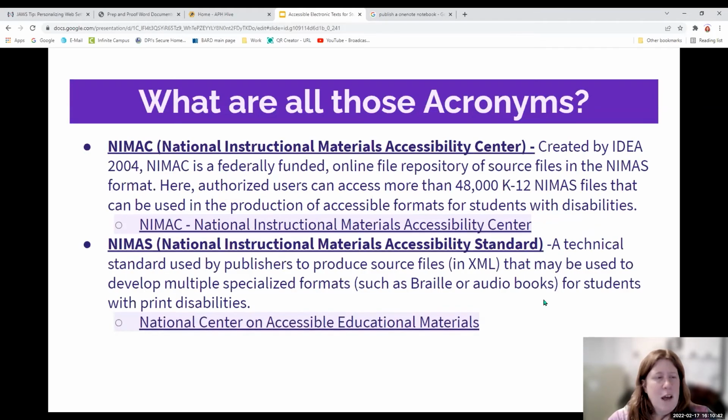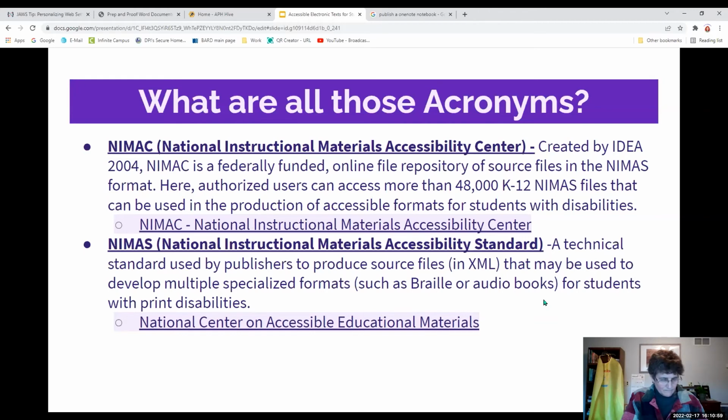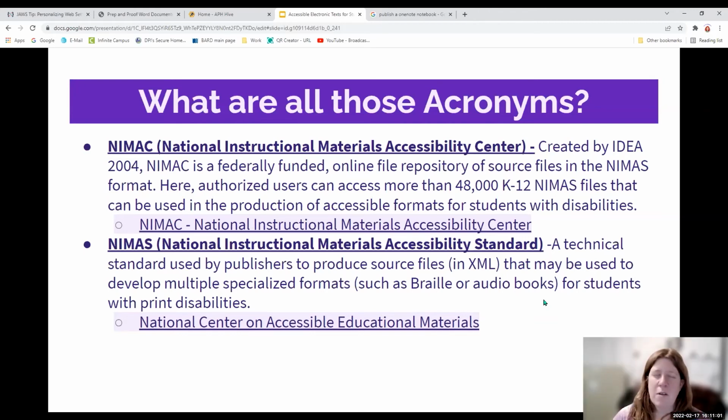The NIMAS is a file type, actually, a technical standard. I'm saying that first because these are the kinds of files that are stored in the NIMAC, which is the National Instructional Materials Accessibility Center. So the NIMAC is a repository for all of these NIMAS files.